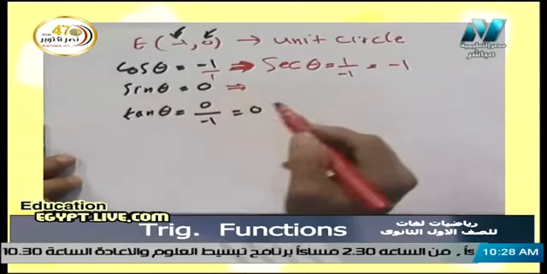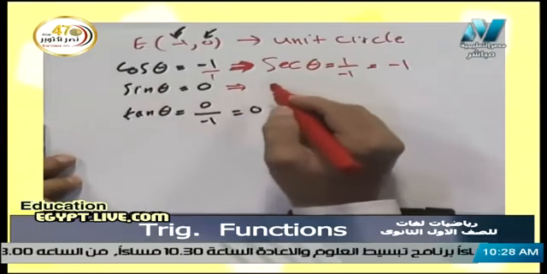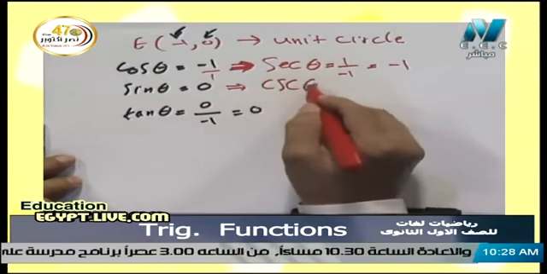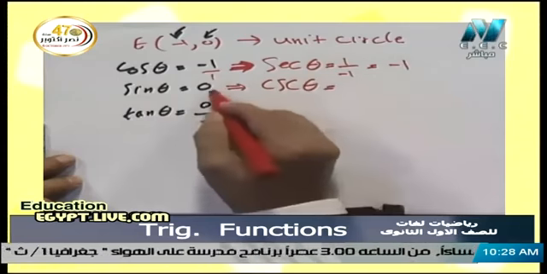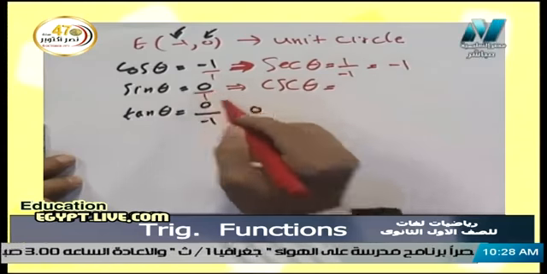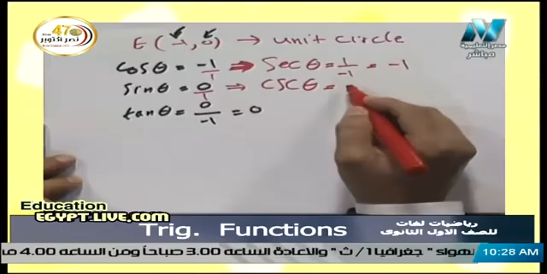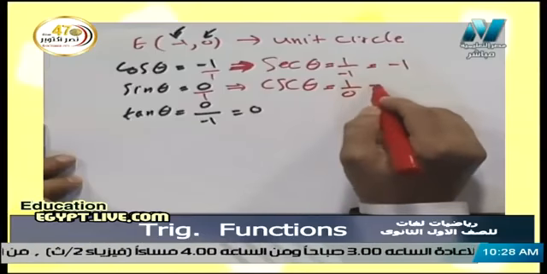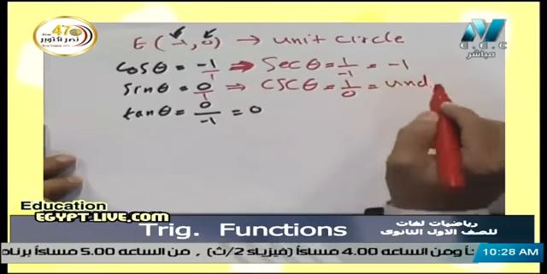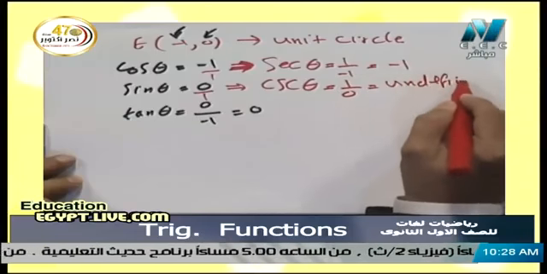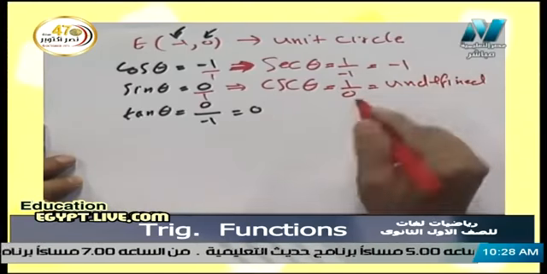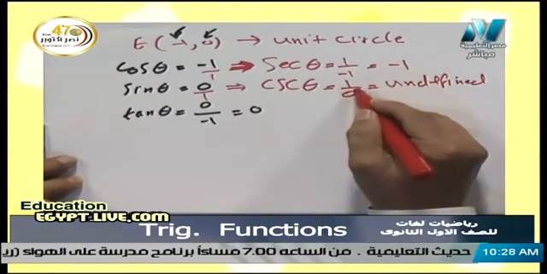Reciprocal of sine theta will be cosec theta. Cosec theta, we know that sine is 0 over 1. So cosec theta equals 1 over 0, which is undefined. If we have a number over 0, my dear students, we call it undefined.